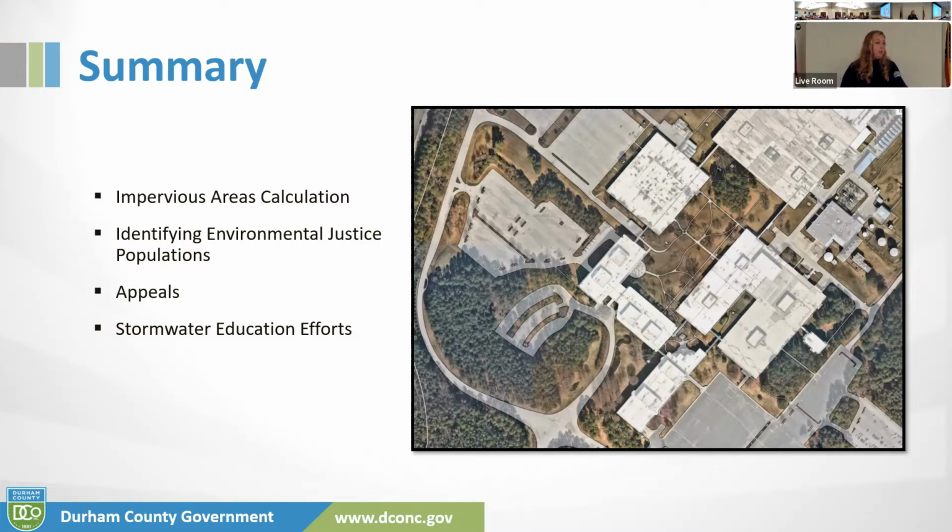And we use Nearmap, which is an aerial imagery service. What they do is fly in the wintertime when the leaves are off the trees, and then we use that to manually trace. It's like a WMS aerial.